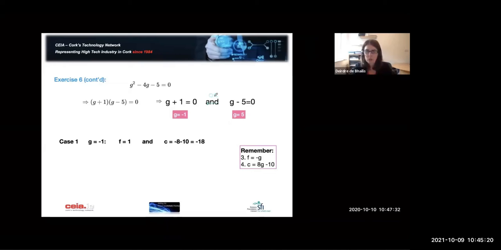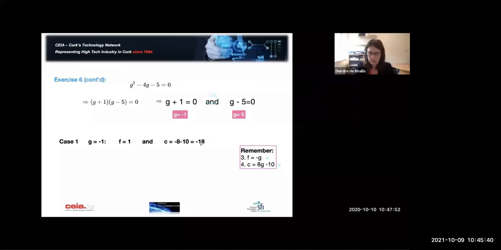So in case 1, when g is equal to minus 1, coming from 3, we know that f will be equal to 1. And coming from 4, we know that c will be minus 18 in that case.